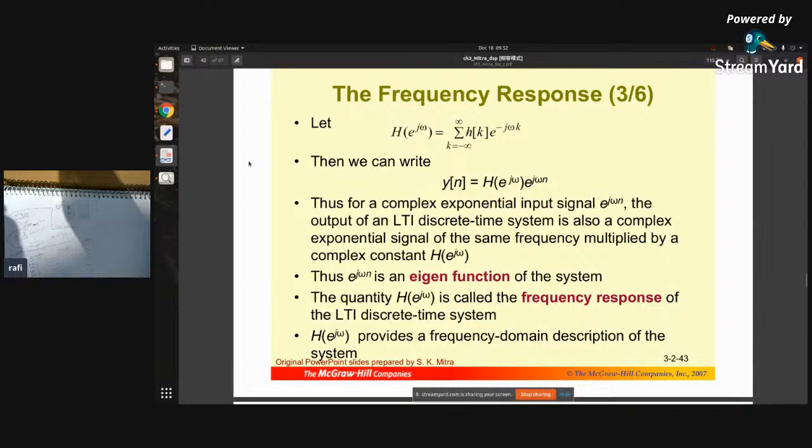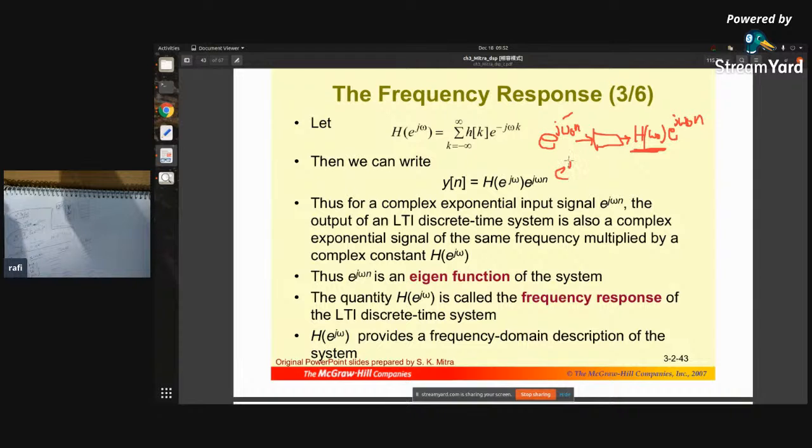For example, if you give e power j omega naught n as input to an LTI system, the output will be H of omega naught into e power j omega naught n. So this complex constant H of omega depends on the frequency of the input, and you will get H of omega naught.